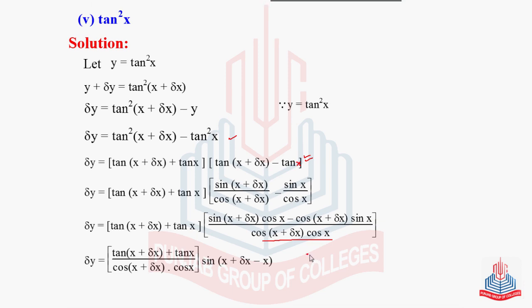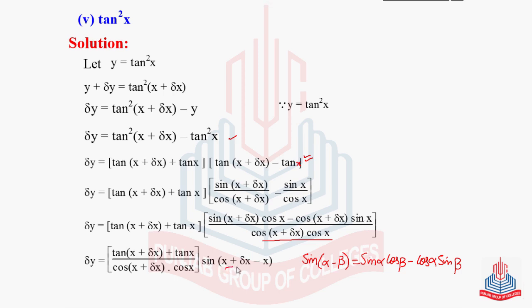And by merging this, sin x plus delta x cos x minus cos x plus delta x sin x, by using this result, sin alpha cos beta minus cos alpha sin beta, that can be converted into sin alpha minus beta.